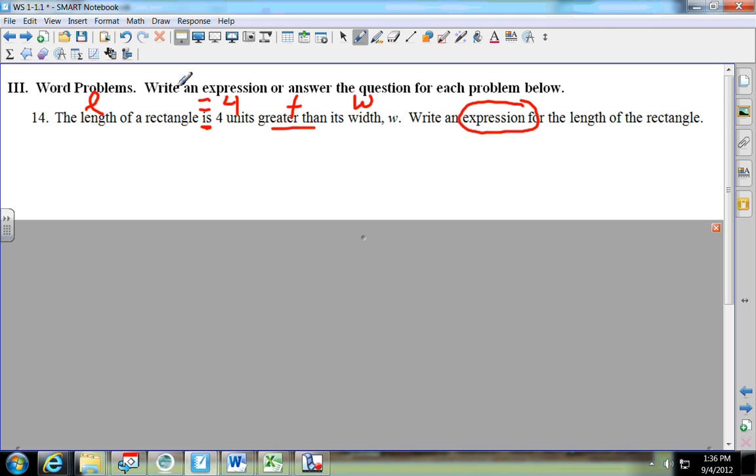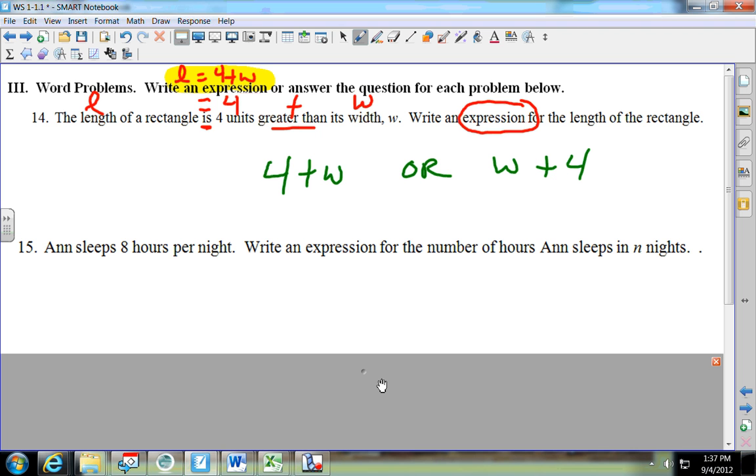L equals 4 plus W. All it wants is the expression portion, which is this right here. So I still didn't even do the right part. What it meant for the expression is 4 plus W, or you could have had W plus 4. In addition, it doesn't matter. You can go back and forth. But remember, an expression doesn't have an equal sign. So the next one, pause the video and come back and see how you do.